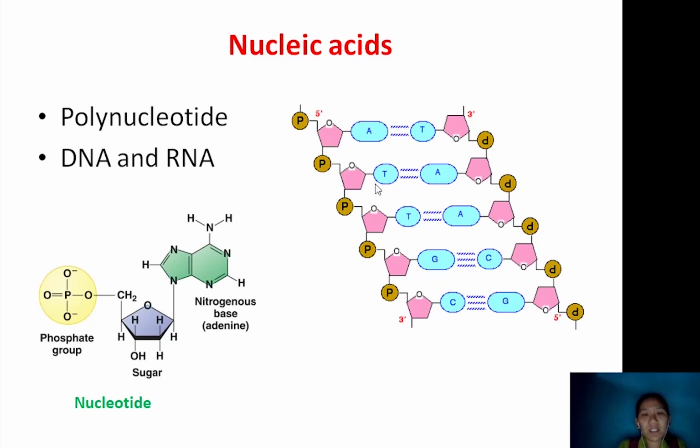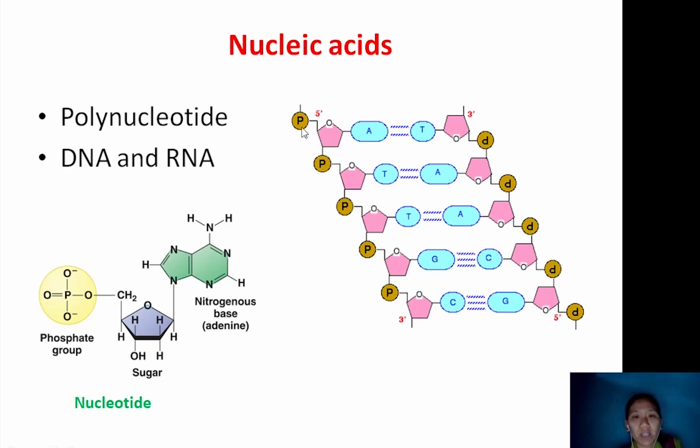Let us briefly talk about what a nucleotide is. A nucleotide is a chemical component composed of three main components: a nitrogenous base, which is a heterocyclic compound rich in nitrogen, then a pentose sugar, a sugar consisting of 5 carbons, and then a phosphate group. All these three components together make a nucleotide.